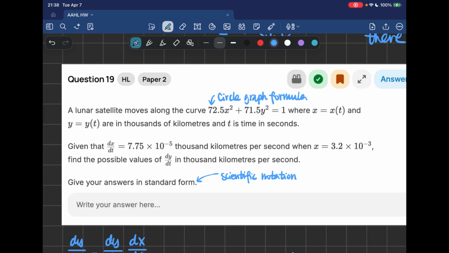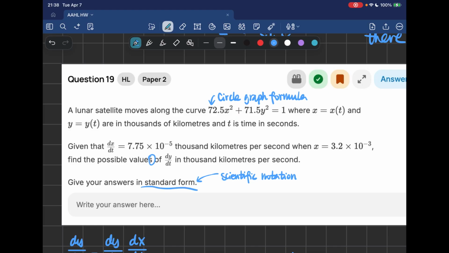And given that dx over dt is this 1000 km per second and x equals this at this moment, we want to find the possible values, so there are probably more answers, of dy over dt in 1000 kilometers per second, and our answer should be in standard form.